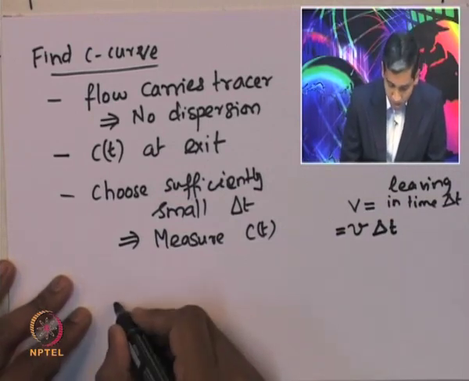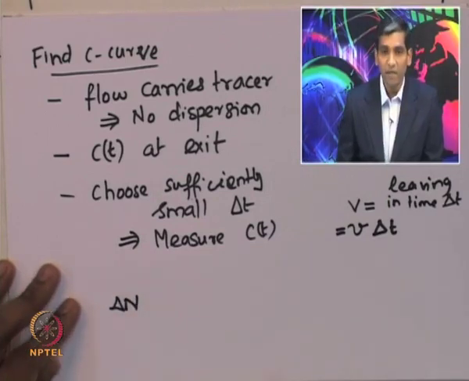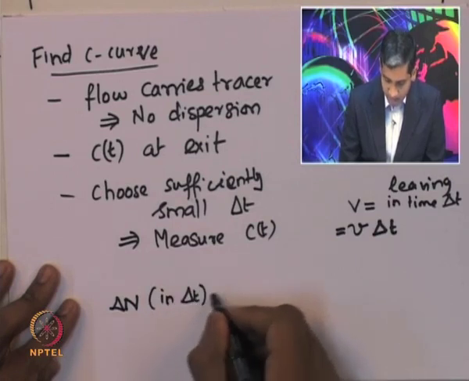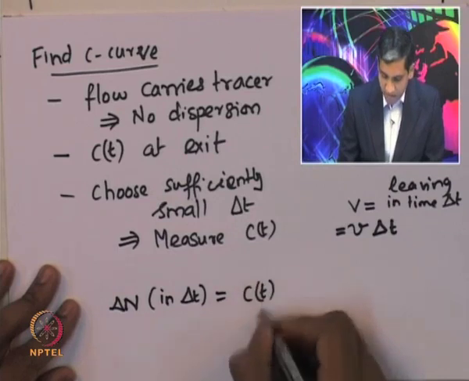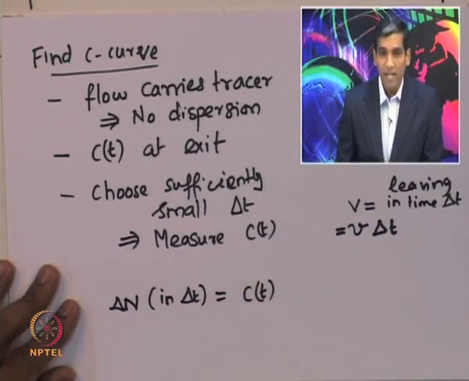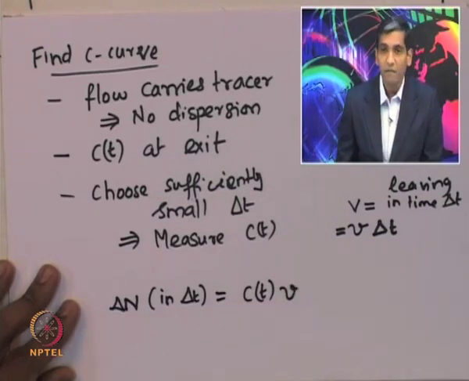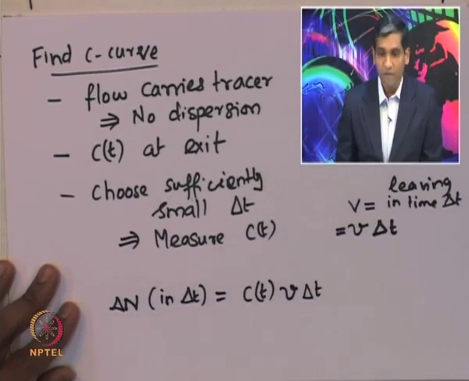Therefore, the amount of tracer leaving the effluent stream in time delta t is given by the concentration of the tracer in the effluent stream at that time multiplied by the volumetric flow rate V multiplied by delta t. That gives the total amount of tracer that leaves in this time delta t.